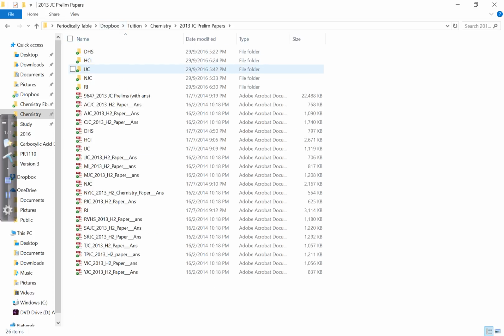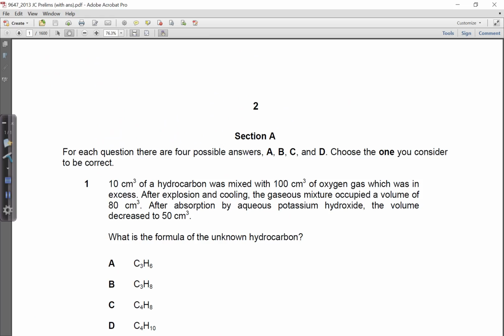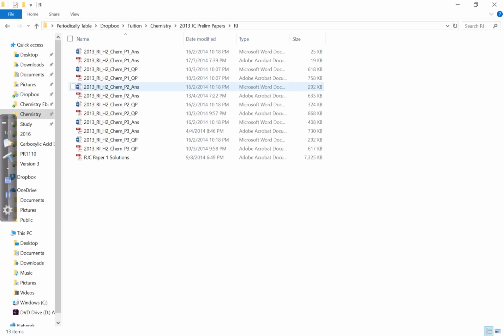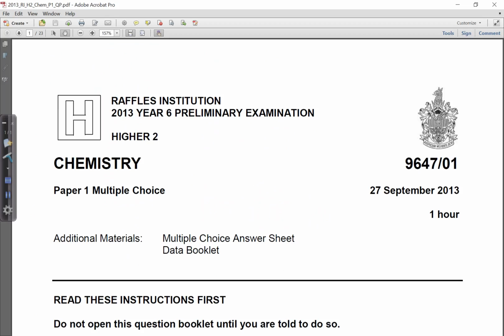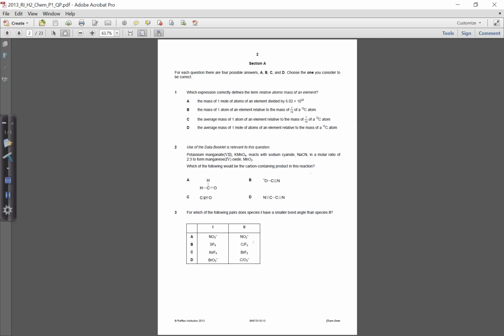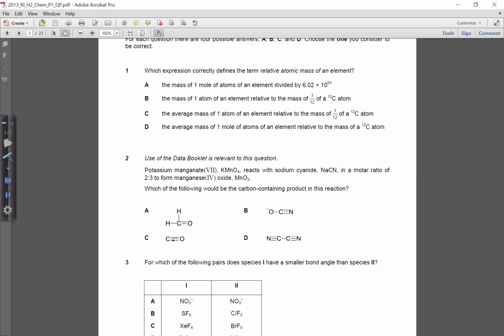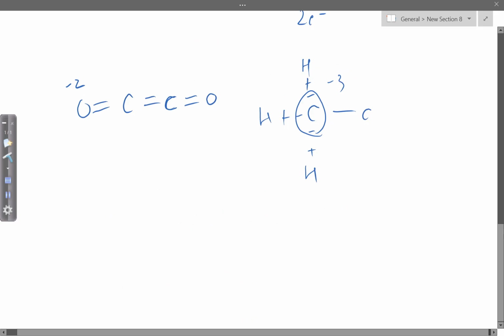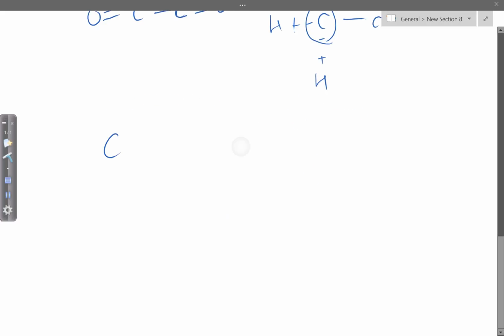Can or cannot? C4H9. Why can? I don't know, because maybe you can take out one H. Now let's say you have a formula, right? C2H3. Is it possible?